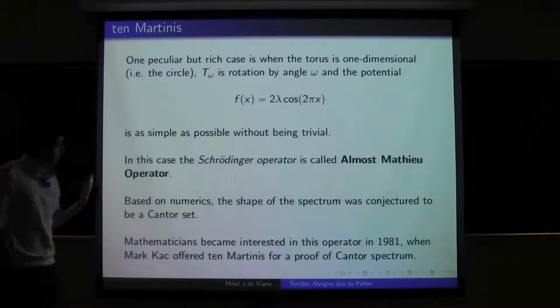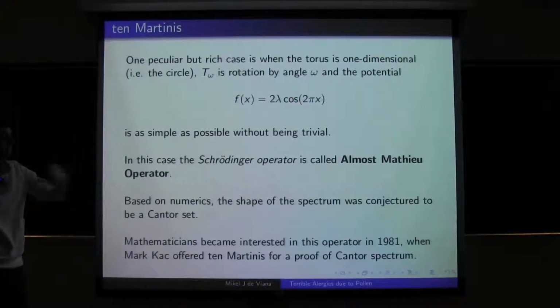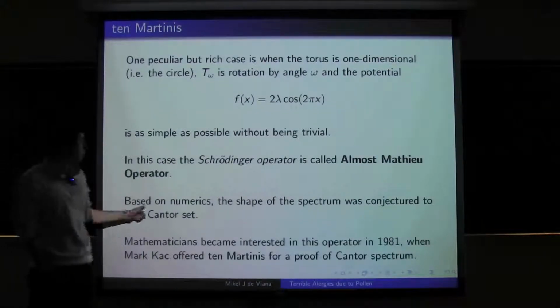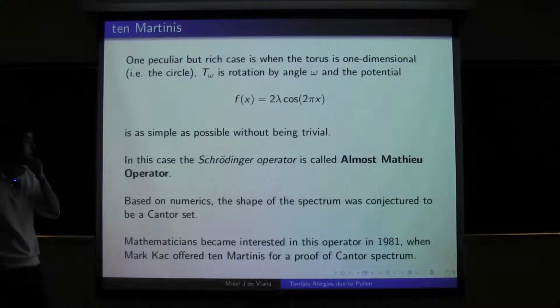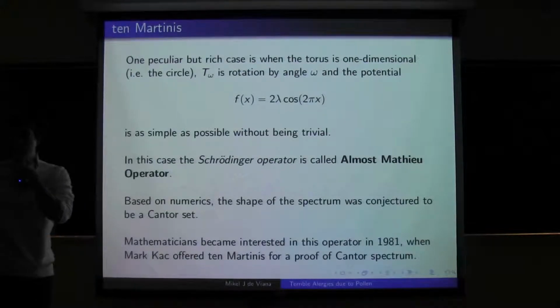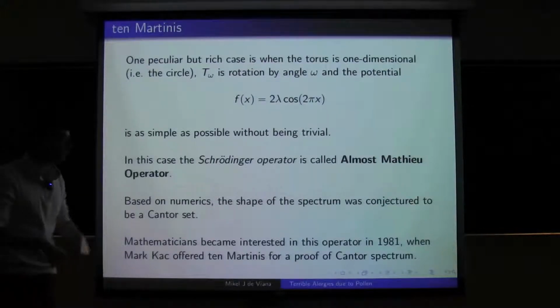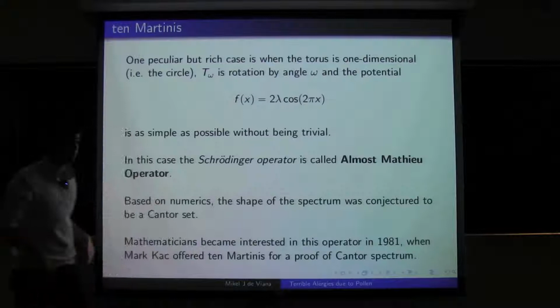A problem that people from mathematical physics gave mathematicians, specifically dynamical systems people, was that, based on numerics, the shape of the spectrum was conjectured to be a Cantor set. A Cantor set is a nowhere dense set. You take the closure of the set, and that closure has empty interior. And they wanted to see this for some reason.